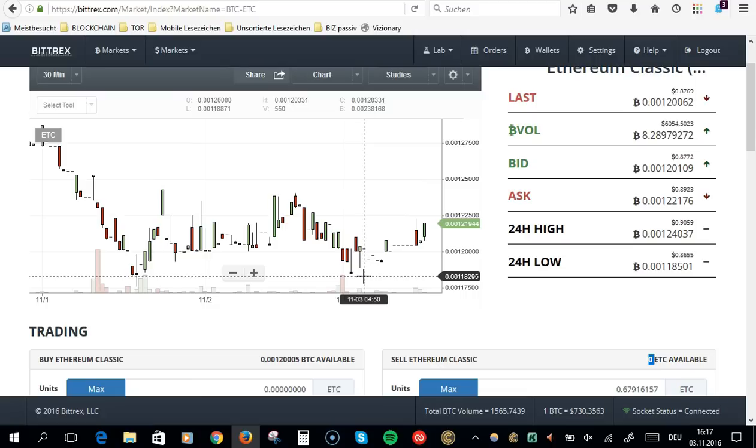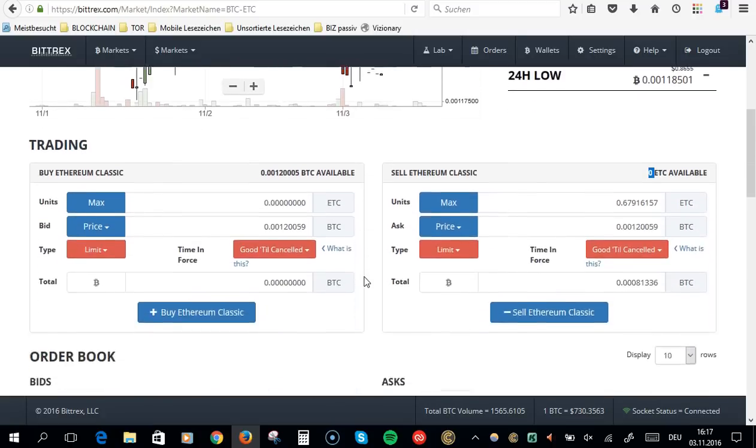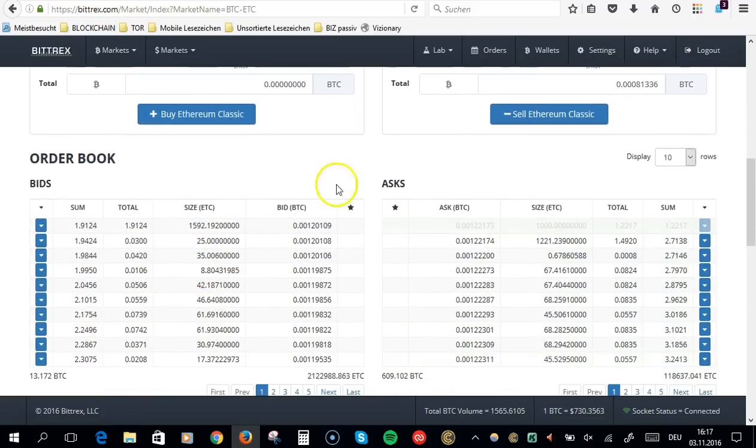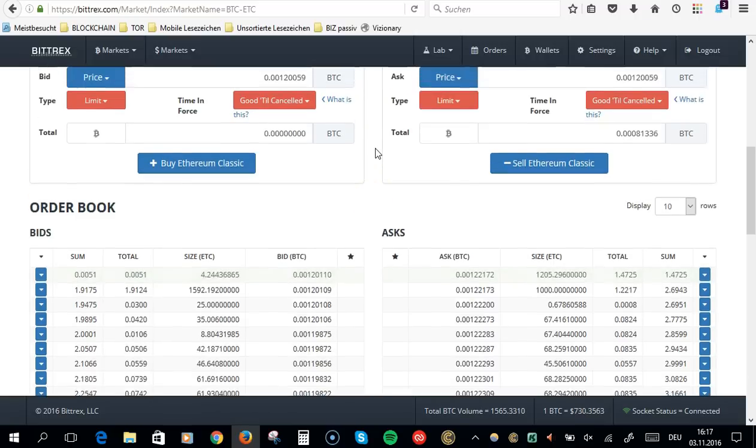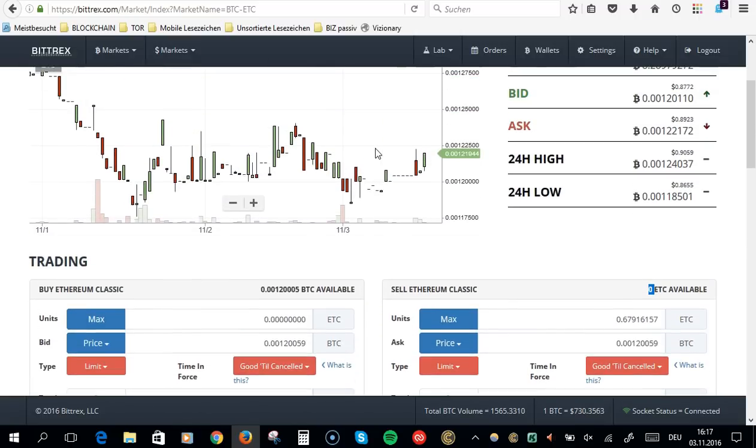The same goes for bids. So for buy orders, you put in on the left hand side. If you say, okay, I'm not willing to pay this amount, you can go and place a buy order, which I'm going to perform right away, for let's say 0.0011, somewhere around here.